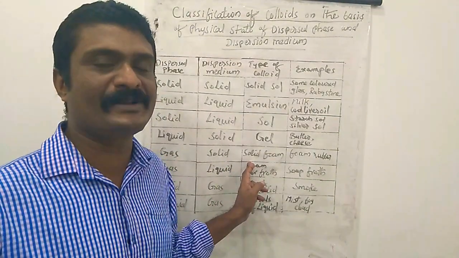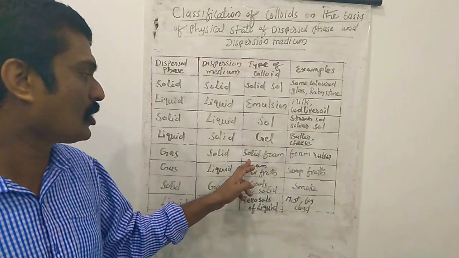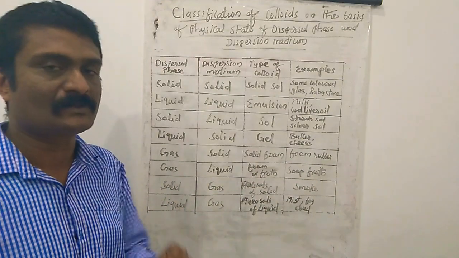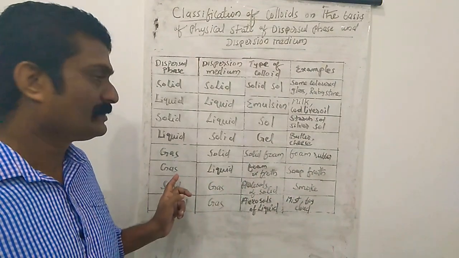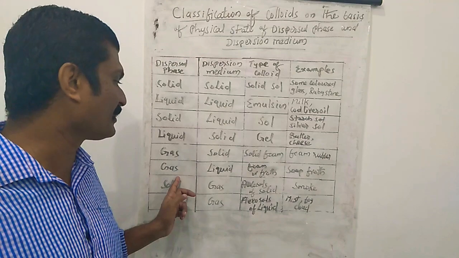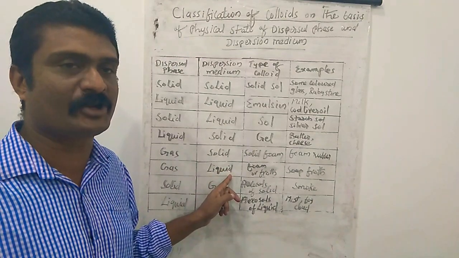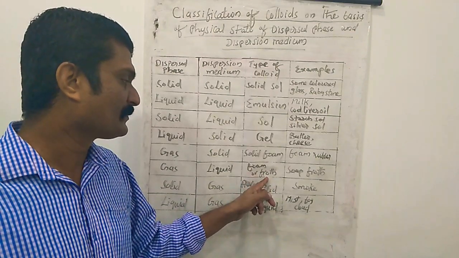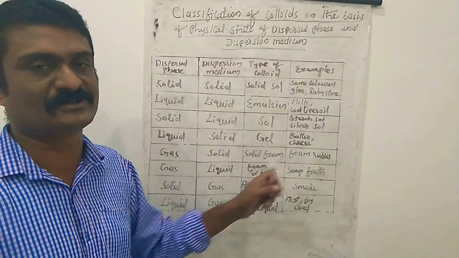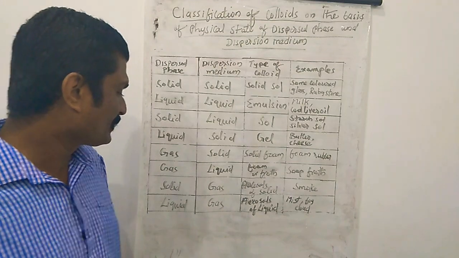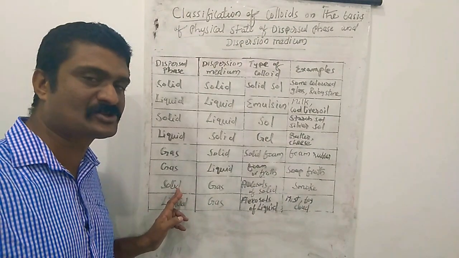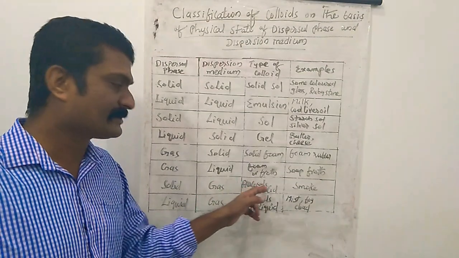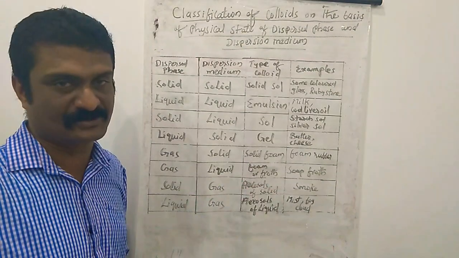The type of colloid is called solid foam. Solid foam, example, foam rubber. Next, the gas colloidal particles dispersed in a liquid, it is called foam or froth. Example, soap froth.